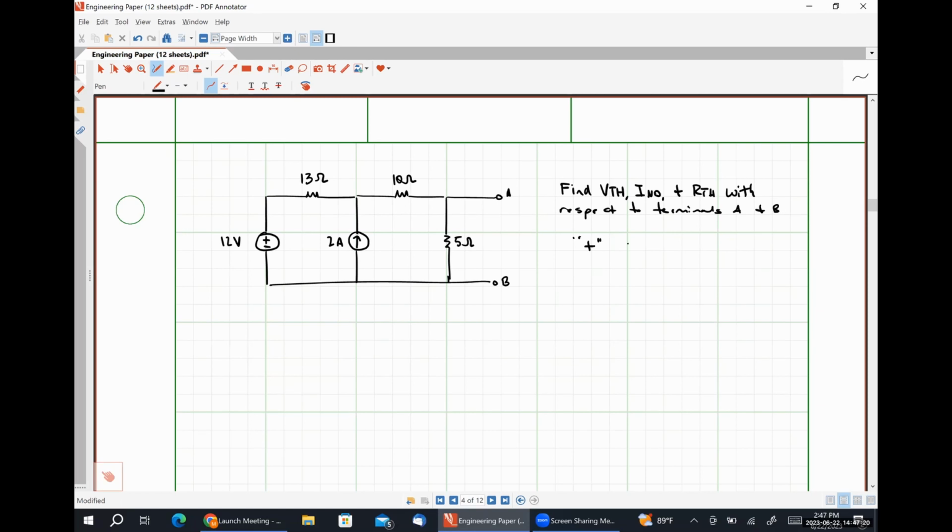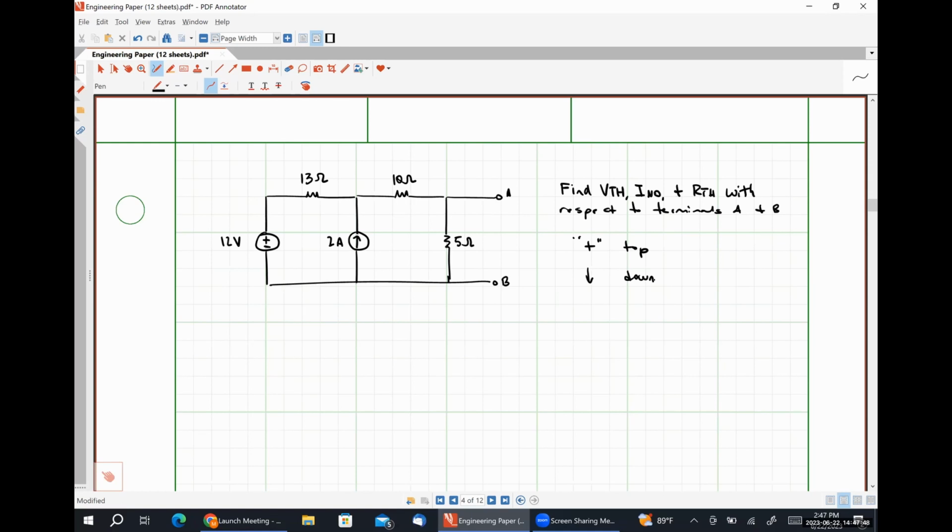I'm going to make a note here. We're going to do positive polarity on top, and the direction of our current will be down. I usually specify which terminal to consider the positive polarity terminal, and which direction to consider the Norton current, when I write problems for the exams.